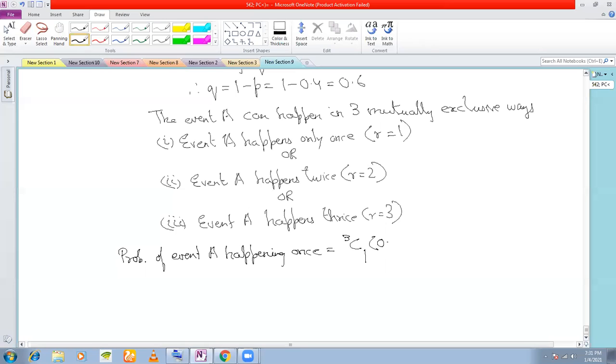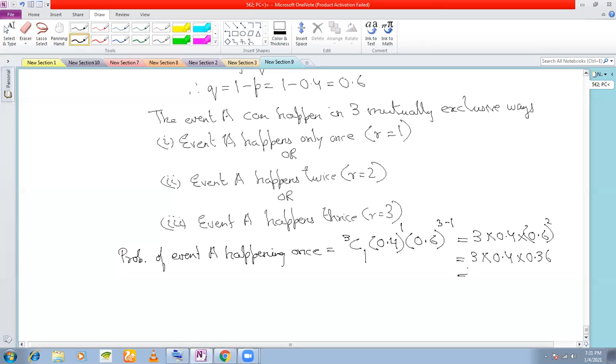What is the probability of success? 0.4. p to the power of r, what is the value of r? 1, into q to the power of n minus r, right? So 3C1 is 3 into 0.4 into 0.6 square, which is equal to 3 into 0.4 into 0.36. Let us calculate this value.